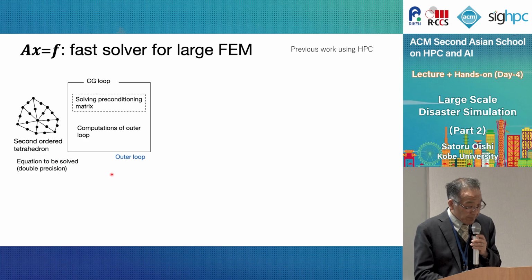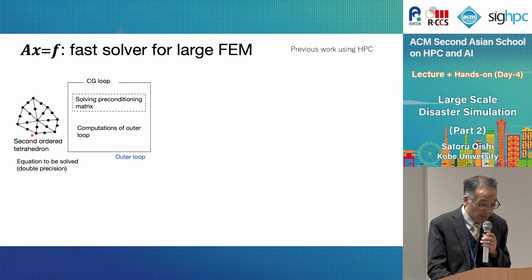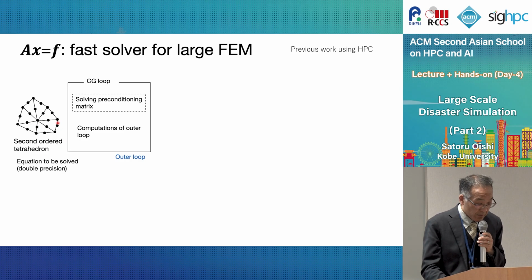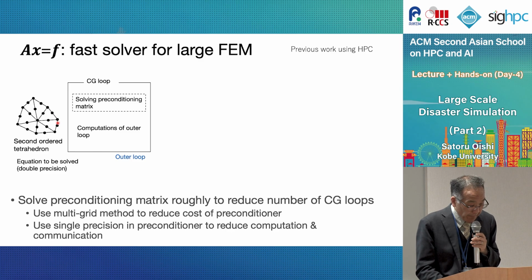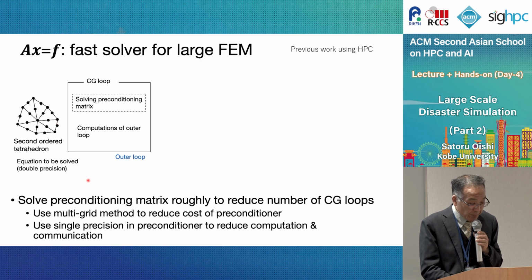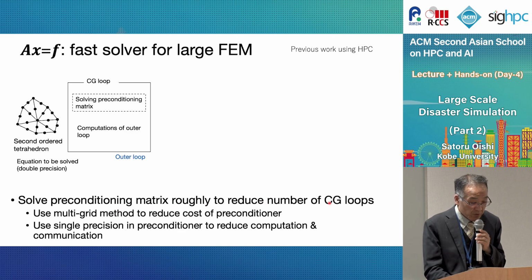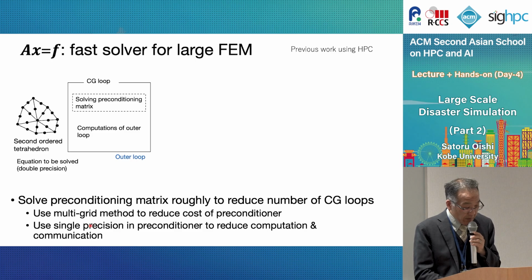So in the outer loop, with second-order tetrahedron elements, they solve the preconditioning matrix roughly to reduce the number of conjugate gradient loops.